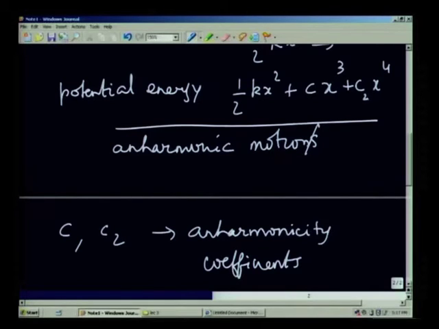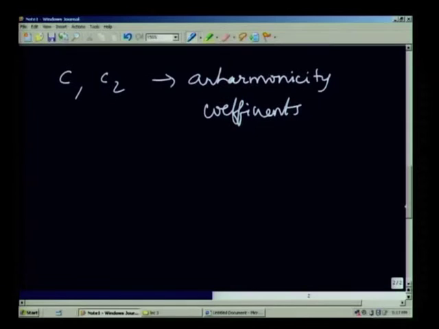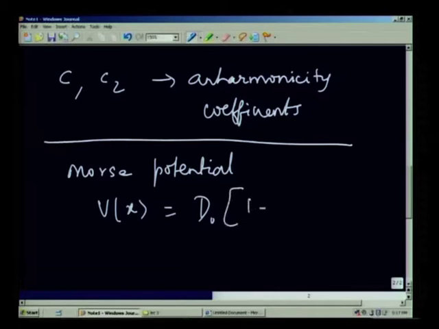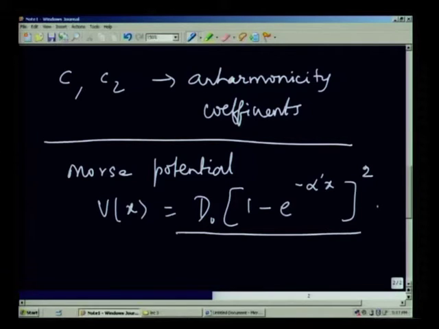The coefficient C2 corresponding to x raised to 4 is called the quartic anharmonicity, and so on. We also looked at a general potential in which all these anharmonicity coefficients are included, known as the Morse potential. The potential energy is given by some constant D naught into 1 minus e to the minus alpha prime x, whole squared. We used this formula and looked at the anharmonic vibrational energy levels and so on.